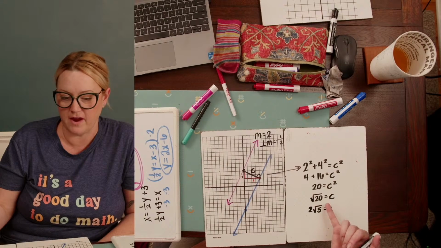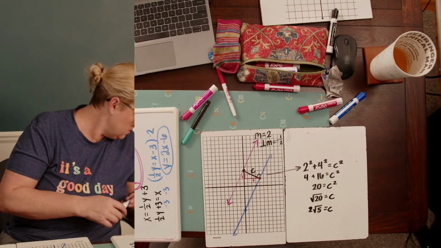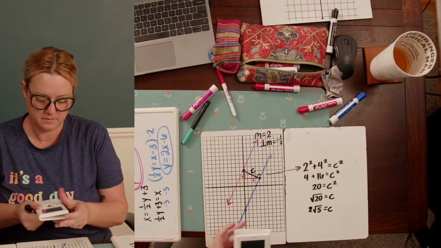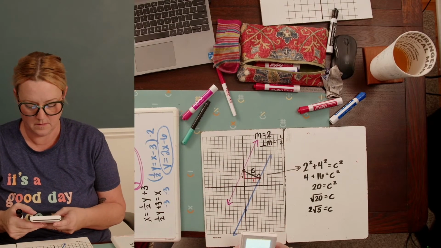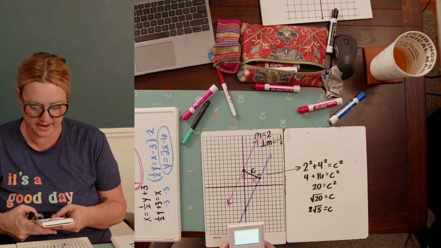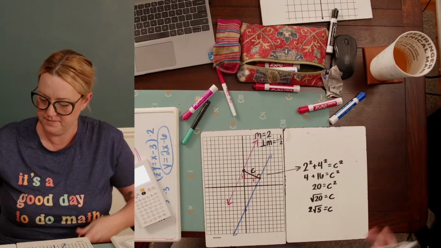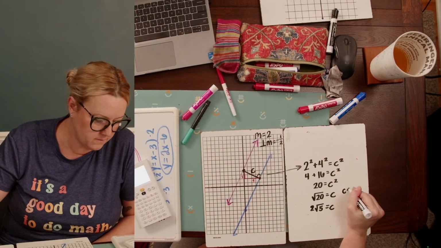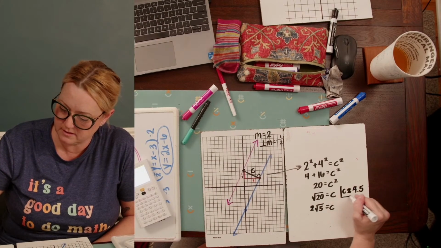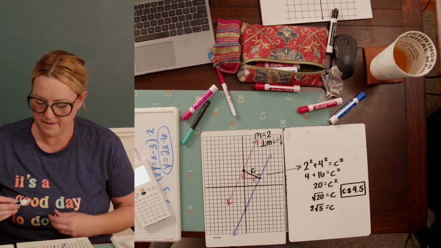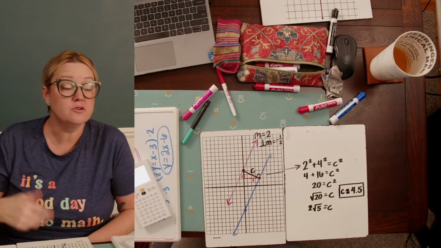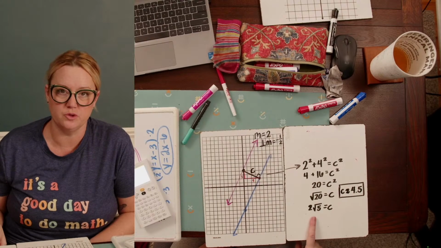So then you would just find the square root of 20, which is about 4.5. 4.47, but we'll call it 4.5 units.